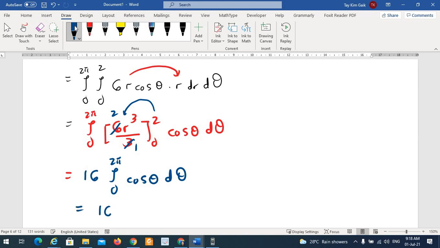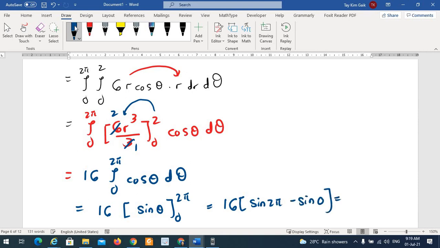Integrate cos theta, the answer is sin theta, from 0 to 2 pi. Sin 2 pi is 0, sin 0 is 0. What about 16? Sin 2 pi is 0, sin 0 is 0, that's why the answer is 0.